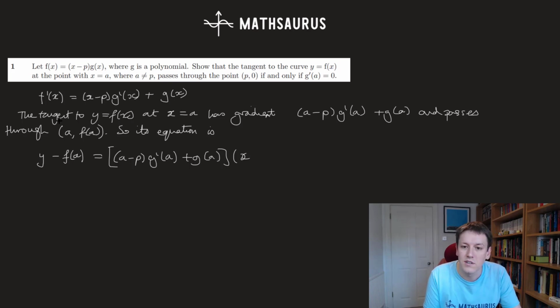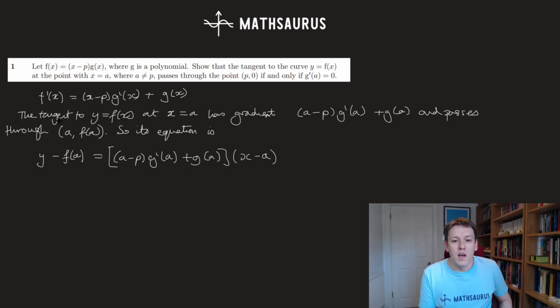Just the ordinary form of a straight line here. Now we've got to prove this if and only if statement, and it's very important in step questions when you're asked for if and only if that you make it clear that your argument goes both ways. It would be possible to write this down with each step going in both directions, but to be super thorough here, I'm just going to write it out in both ways.